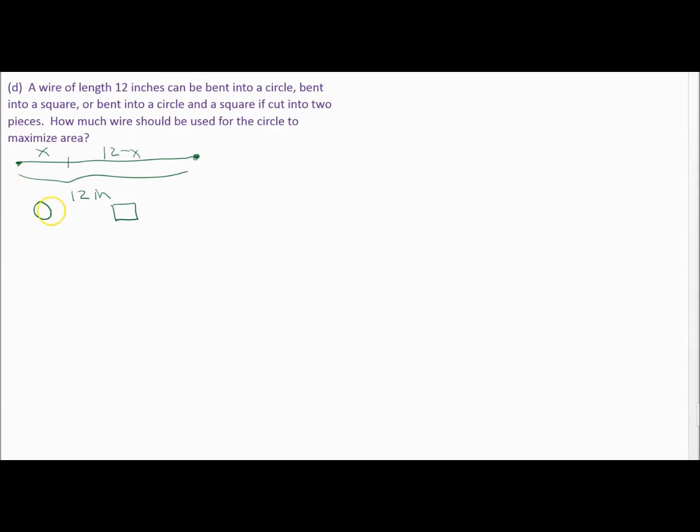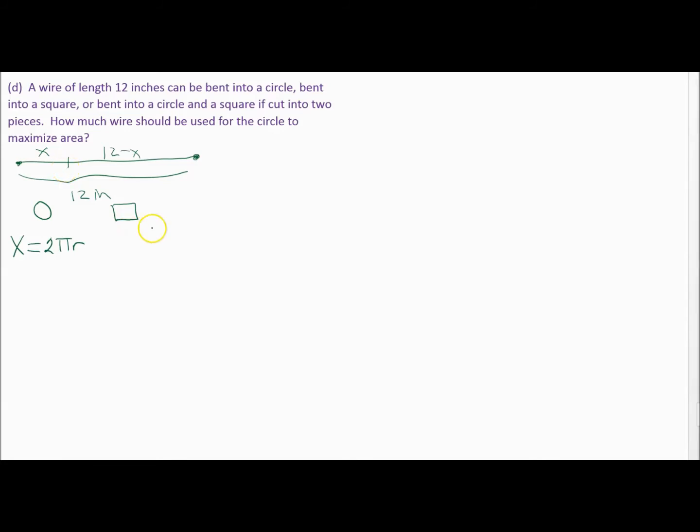So for the circle, we're going to use this X piece to wrap around my circle. The question is, how long is it going to be? Now, how long is a circle? Well, it's 2 pi r, right? So however long the radius is, 2 pi r. That's the length. So we know this piece is going to be 2 pi r long.